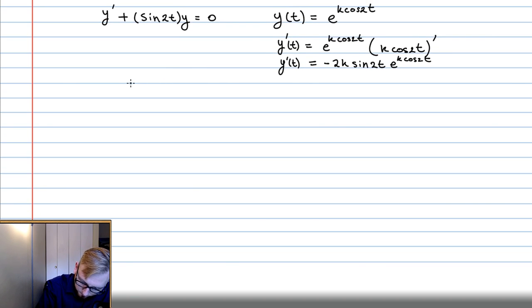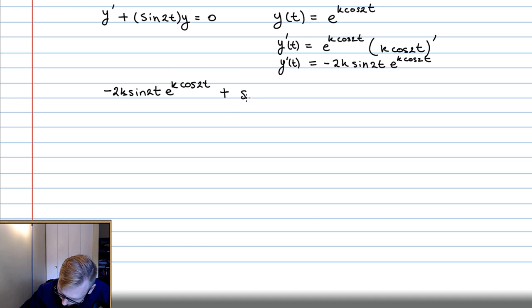Scroll all the way down now. We've got y prime, which is negative 2k sine of 2t e to the k cos of 2t, and then plus sine of 2t, and then we've got y, which is e to the k cos of 2t. And this all equals 0.